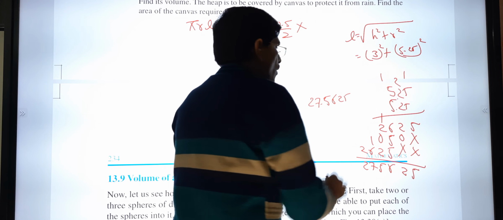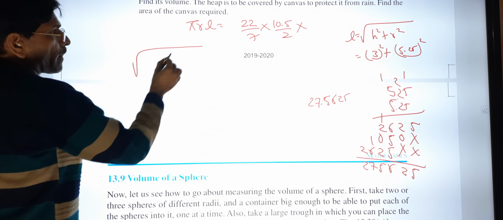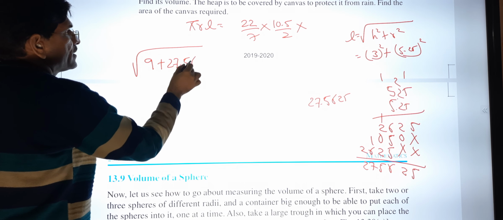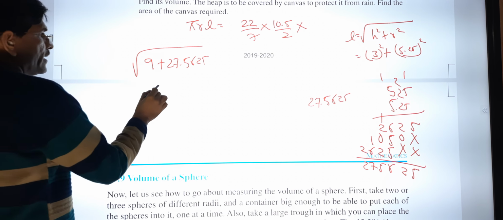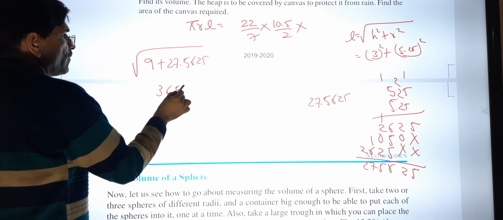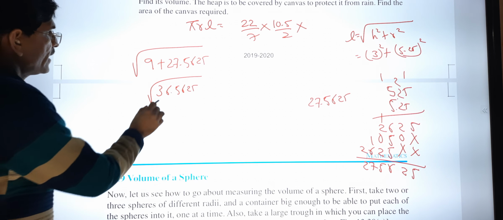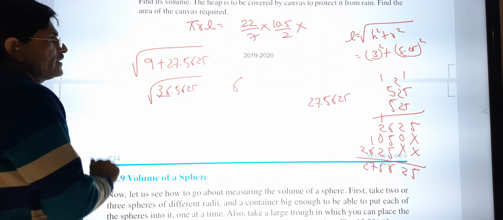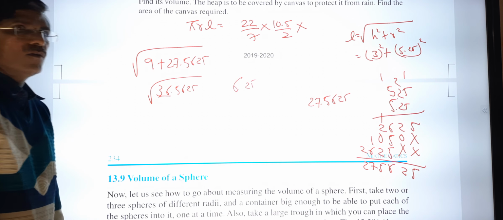So 27.5625. Now under root 9 plus 27.5625, so 27 plus 9 is 36.5625 under root. So we know that here it is 6, and 2 decimal points.